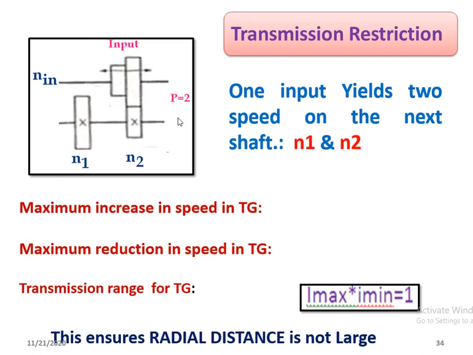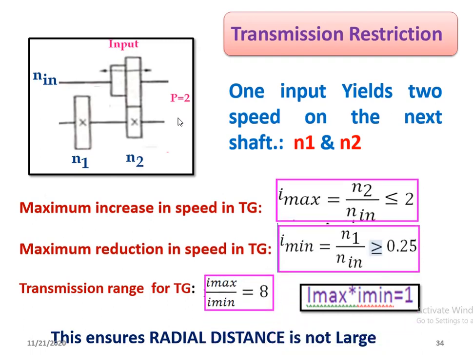transmission gearbox is to ensure the radial distance is not larger. As I told you, the maximum increase of the speed is twice, or double, and the minimum reduction is 0.25, so the transmission range is 8. So I max upon I minimum should be 8 only, to avoid the radial distance being larger, because in machine tool gearboxes very little space is provided.